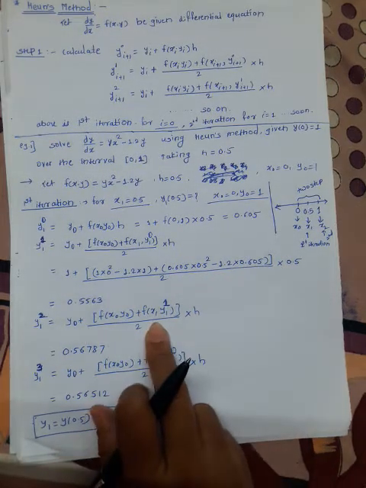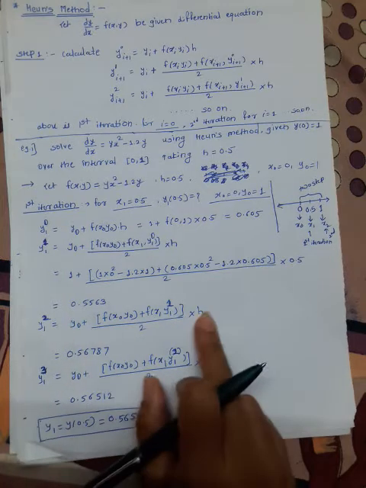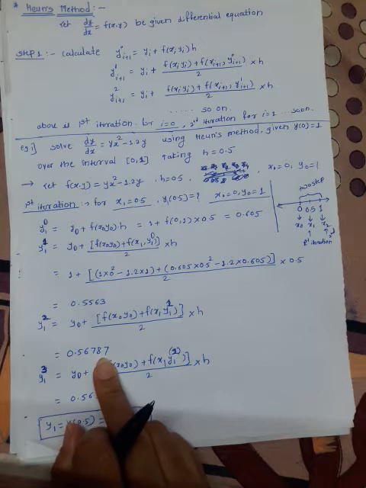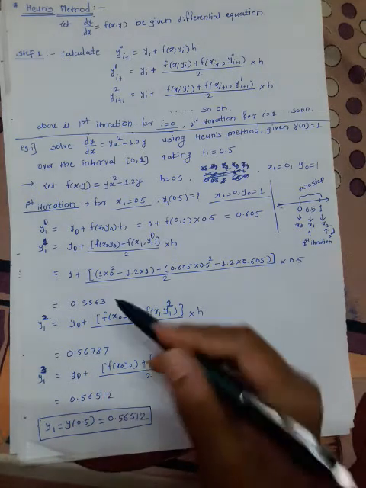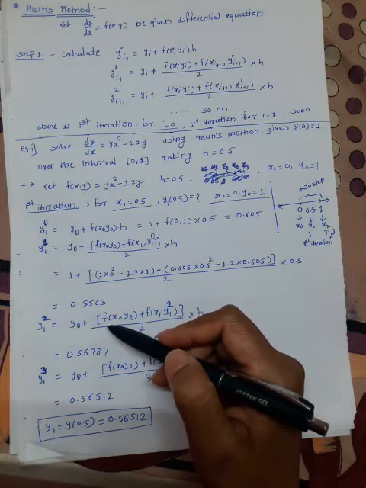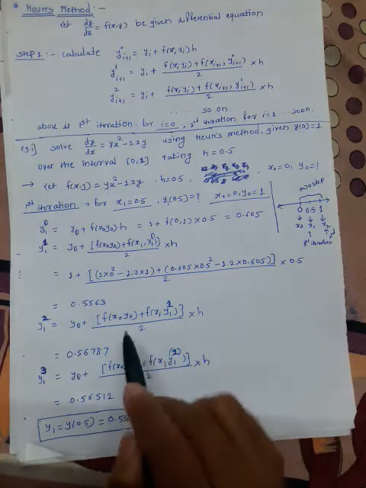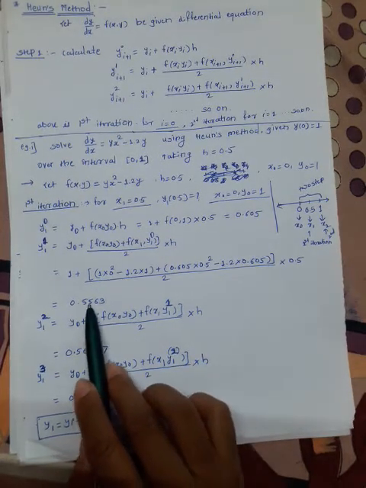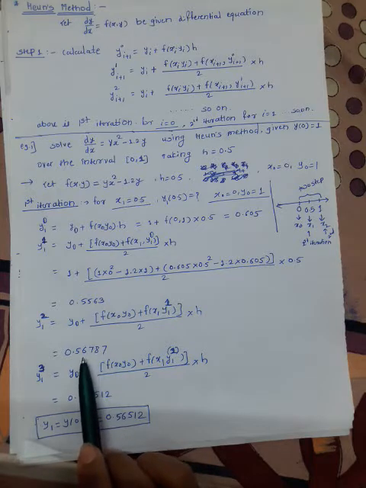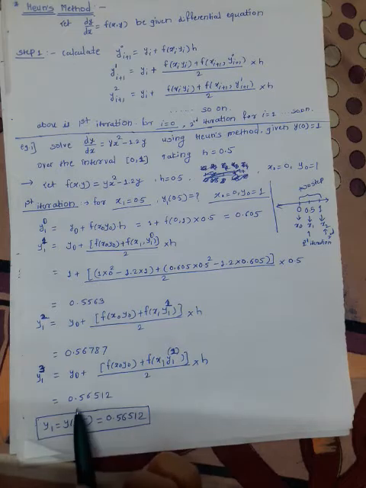That is the only difference, into this h, rest of the terms as it is. We get the answer 0.56787. Now comparing these two, up to which step do we have to do this? Until two consecutive y values are the same. This is 0.5563, this is 0.56787, means we have to do one or two more approximations.